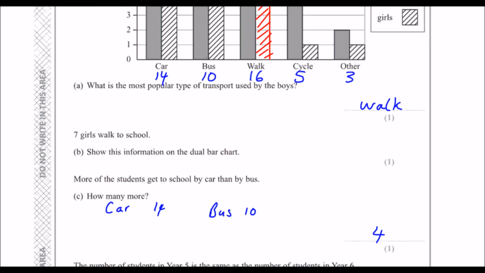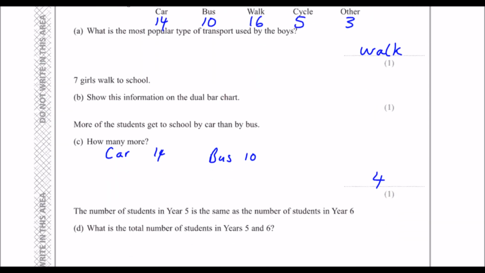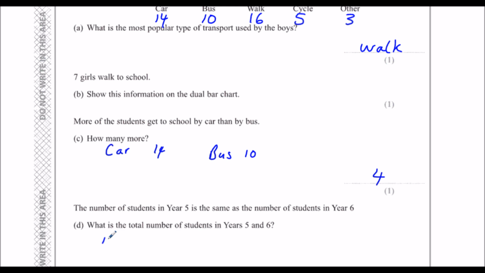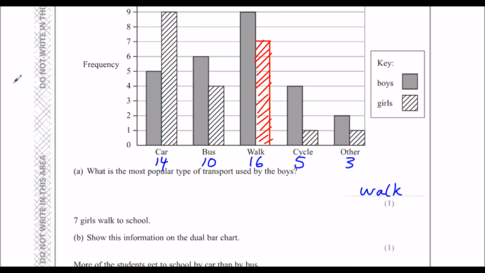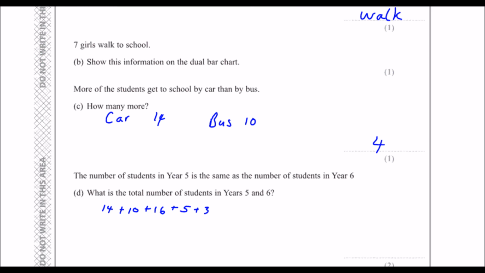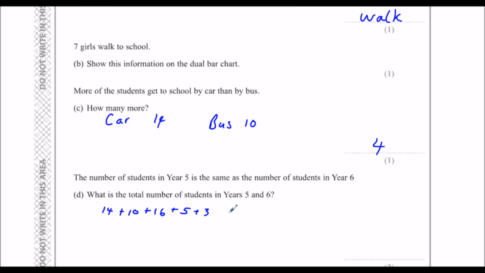And then what we're going to do now is add these numbers up. So if we had 14 plus 10 plus 16 plus 5 plus 3, or you could have done this in one go and done 5 plus 9 plus 6 plus 4 plus 9 plus 7 and so on. So what should we get there? We should get 48. So if you type that in the calculator, you should get 48.